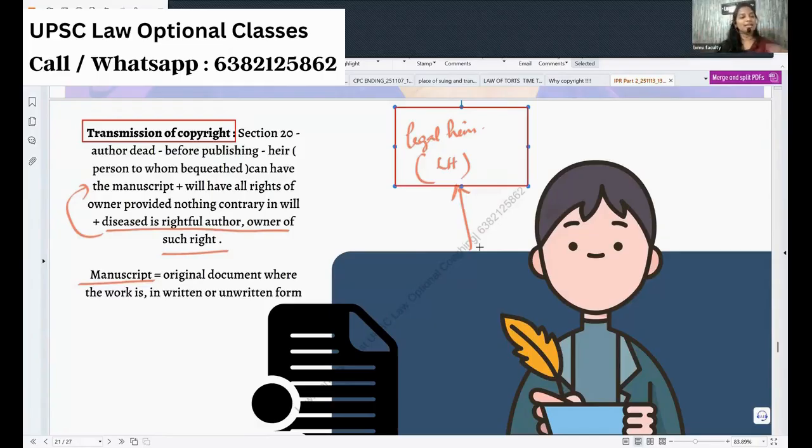Okay. But in transmission of copyright, same way, your intellectual property, right? Copyright, that goes to your heirs, if the author is dead before publication. You make a work, but you are dead before your publication, then all the copyright is owned by your heir.